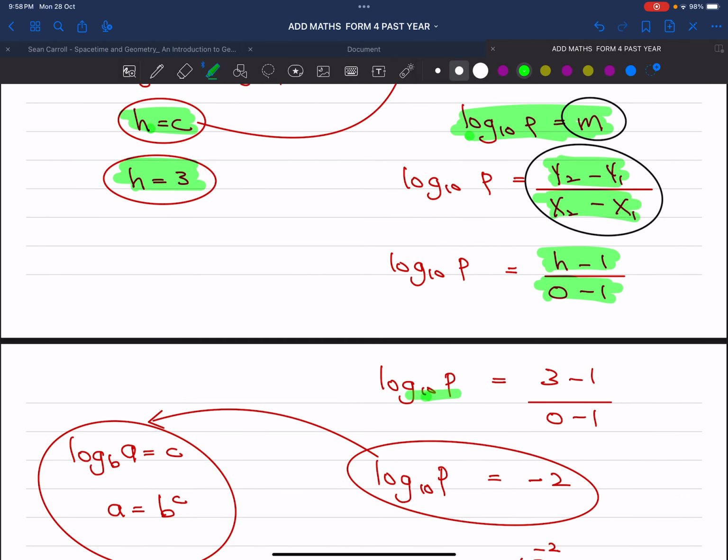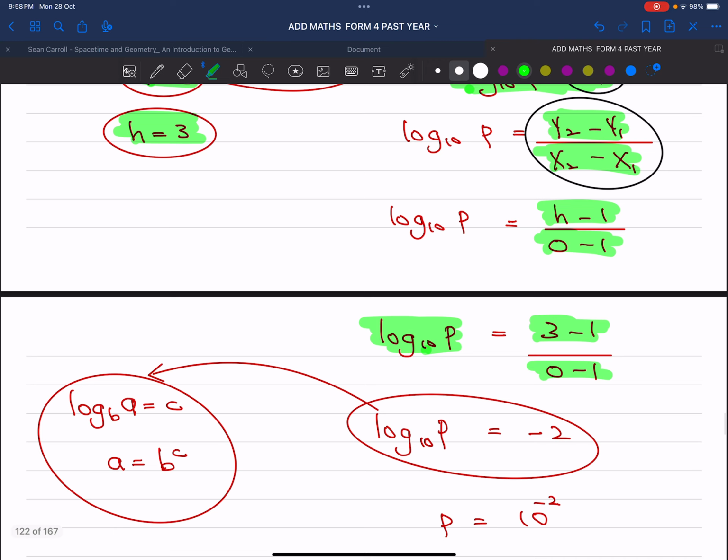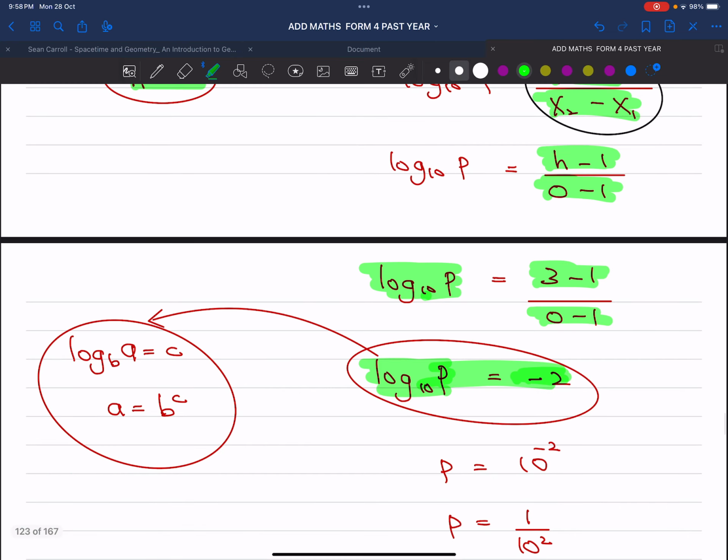Therefore, I'm getting log p base 10 equals 3 minus 1 over 0 minus 1, which is of course negative 2.